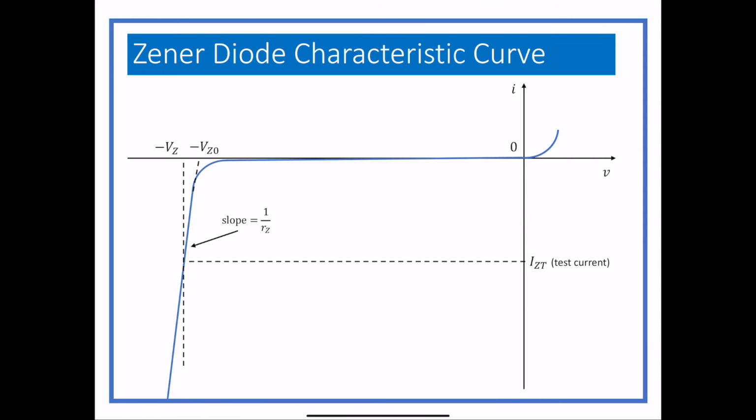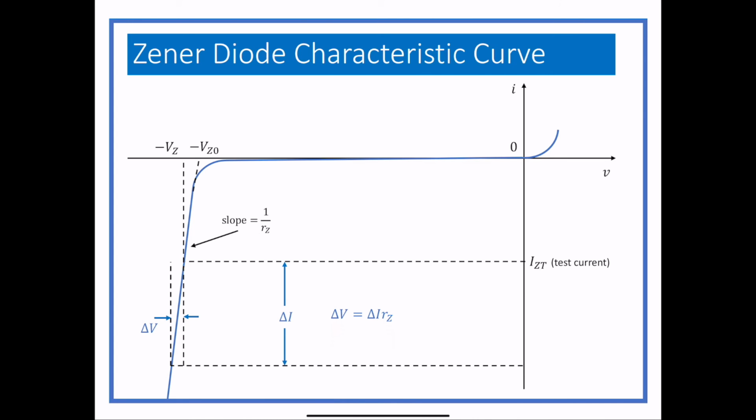There's also a minimum value you can get, minus VZ0, which is just taken by extrapolating the straight line up to the x-axis. And then if the current is different, the slope of that line is going to give us the Zener resistance. And if we have a different voltage and a different current, we can actually determine what the change in voltage is going to be based on what the change of reverse current is.